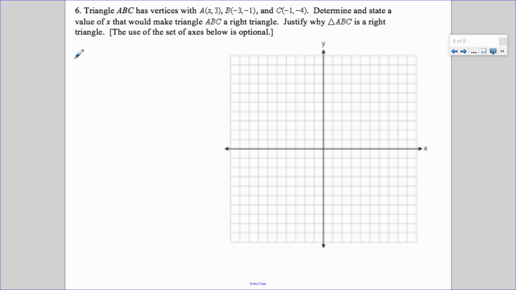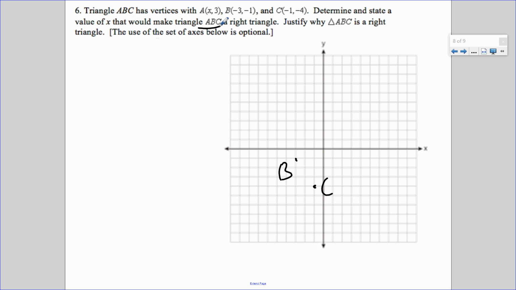I'm going to ignore that point for now because I can't plot x, comma 3. B is negative 3, negative 1. C is negative 1, negative 4. And it says determine stated value of x that would make triangle ABC a right triangle.